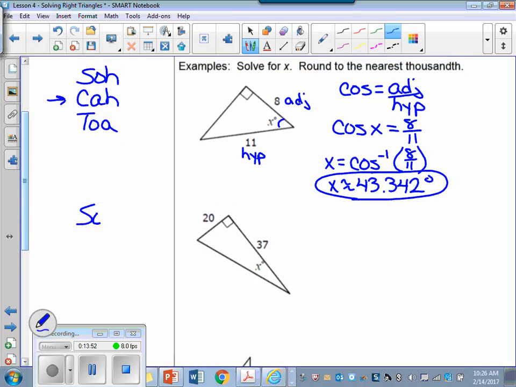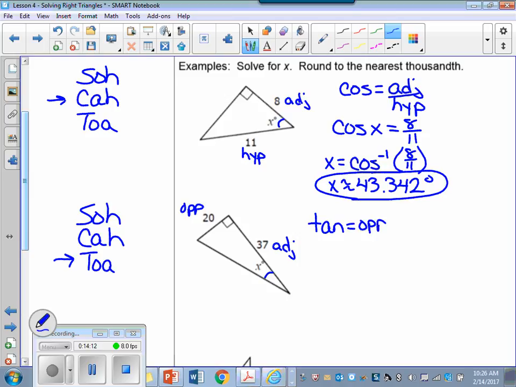Okay, so SOHCAHTOA. This is my angle x, so I've got opposite, adjacent. I'm not using the hypotenuse. Which trig ratio uses opposite over adjacent? Tangent. Tangent equals opposite over adjacent.